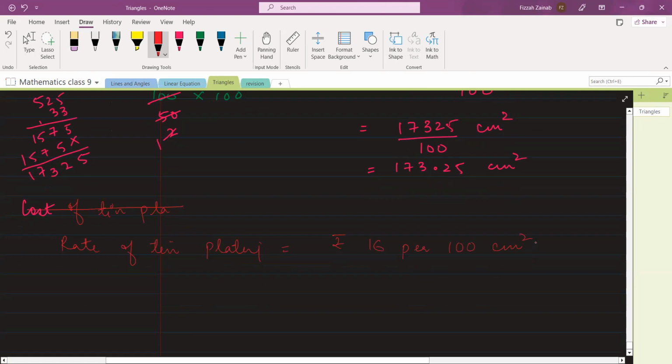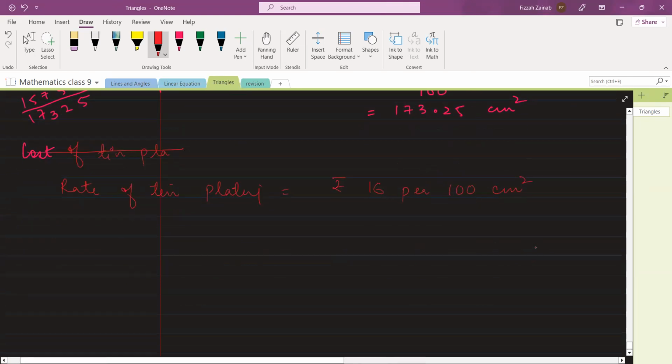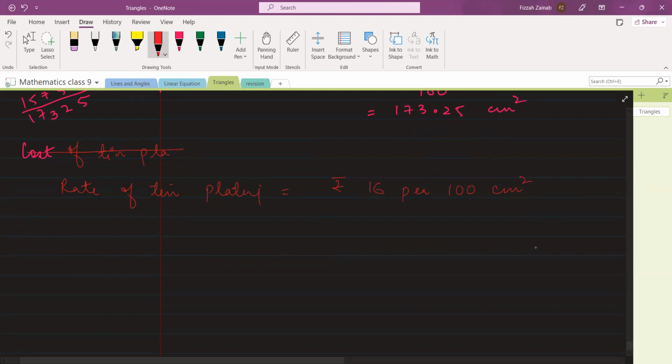So what is the meaning of this? The meaning is that for plating 100 centimeter square, you have to pay rupees 16. So that means cost of plating 100 centimeter square is equal to rupees 16, right?